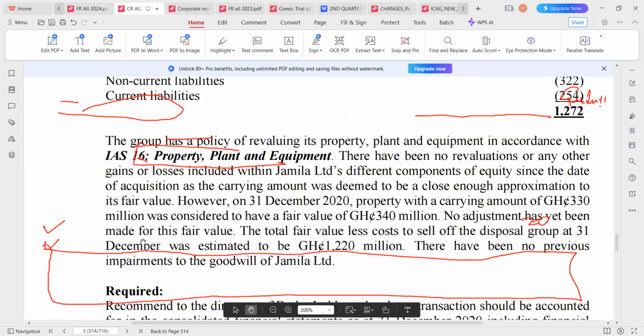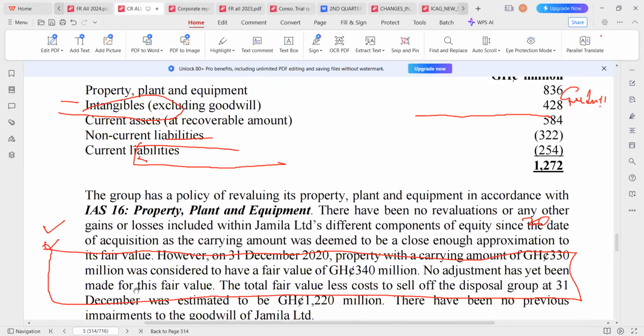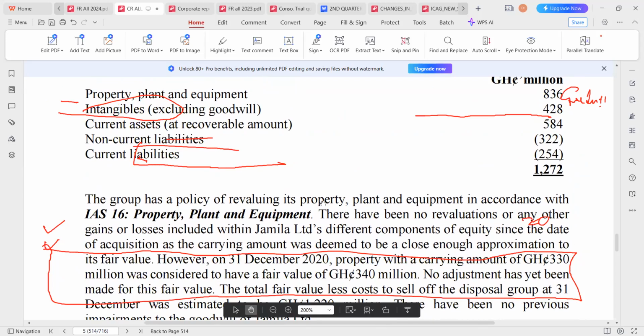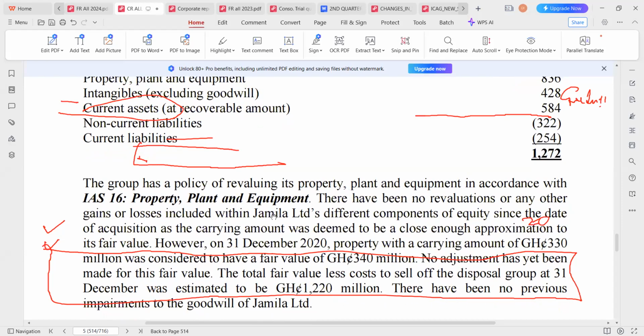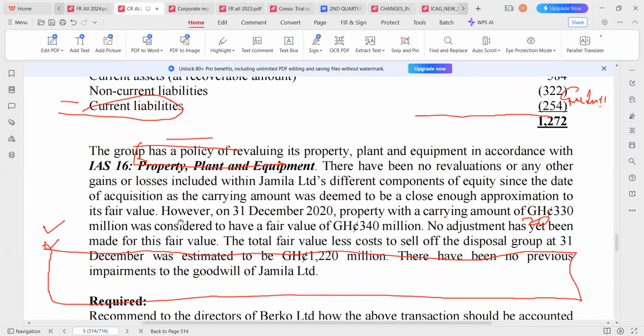So when you come here, this note says the group has a policy to value its PPE in line with IAS 16. There have been no revaluation or any other gains or loss included within Jamila Limited's different components of equity since the date of acquisition, as the carrying amount was deemed to be a close approximation to its fair value.